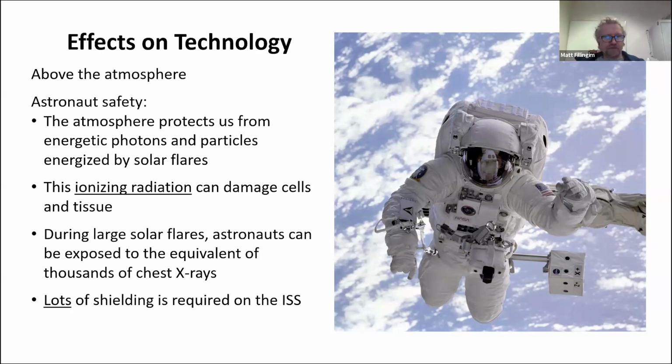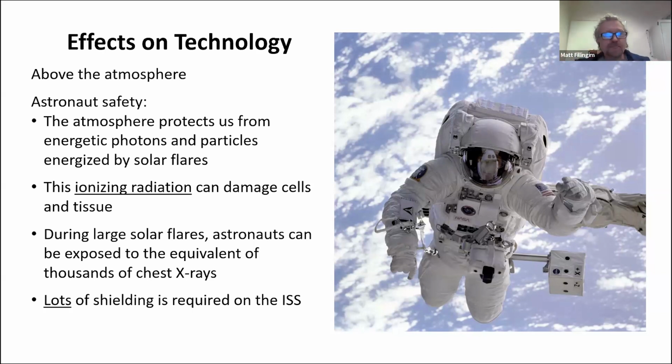During large solar flares, the astronauts can be exposed to the equivalent of thousands of chest X-rays in the span of an hour or so, which can damage the cells in their body, and so we don't want that.